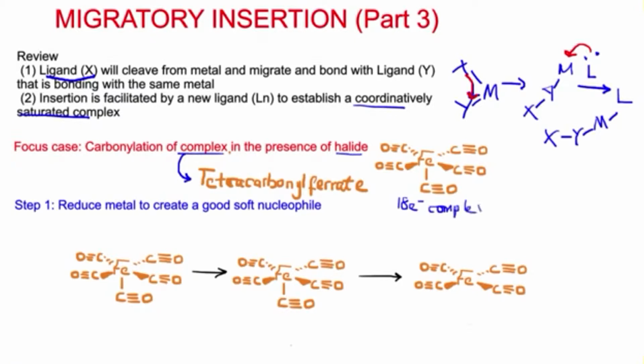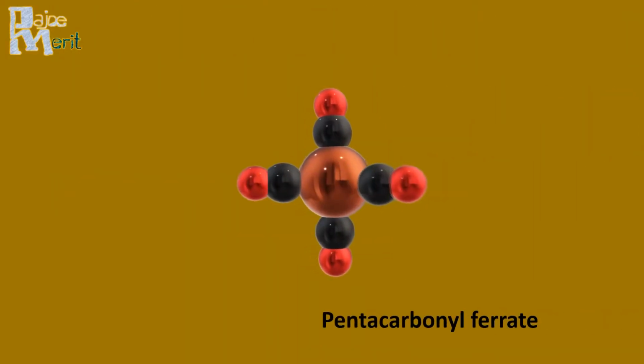However, this complex needs to become a good soft nucleophile, and to achieve that we reduce the metal center, which is what we have right there. Looking at the first step, to accomplish that we use a metal which is sodium, or we use mercury.